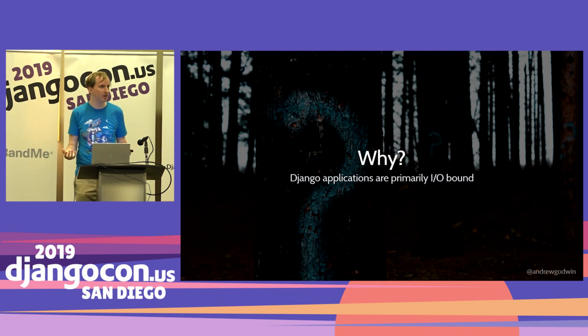Obviously, Amber's talk earlier showed a lot of those advantages, but we live in a world of applications where pretty much everything we do is I/O bound. I can't think of more than one site I've worked on that was CPU bound, that sat there and used 100% of its server. If you log into pretty much any Django server, physical or virtual, onto the OS, and run top, it is not at 100% CPU usage.